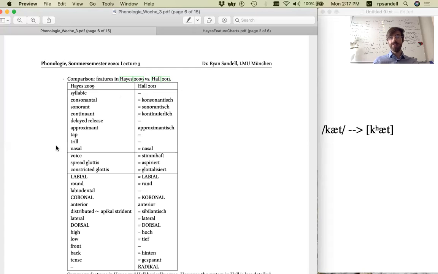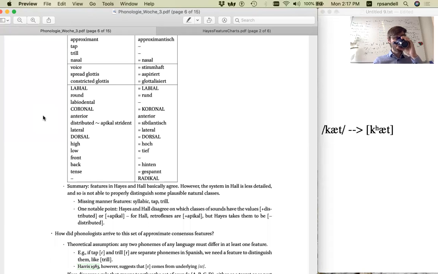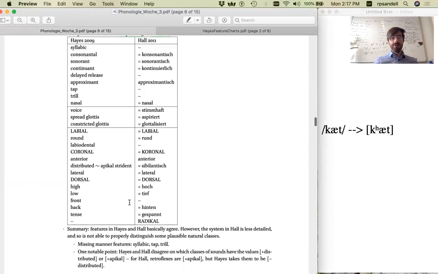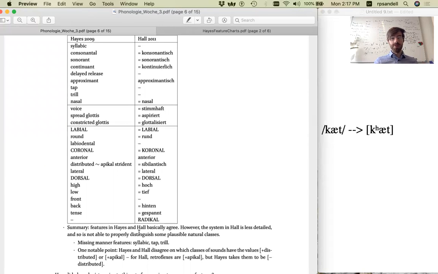As you can see, the Hayes feature system is more detailed. So particularly in terms of manner features, Hayes has more features which are not present in Hall's book. Hall's book doesn't use the features syllabic or delayed release or tap or trill.